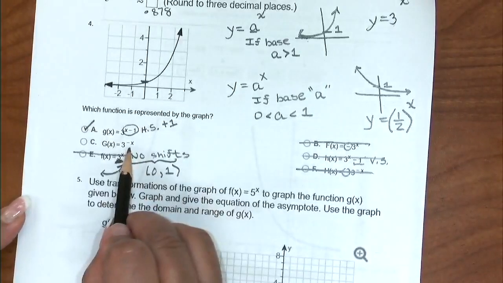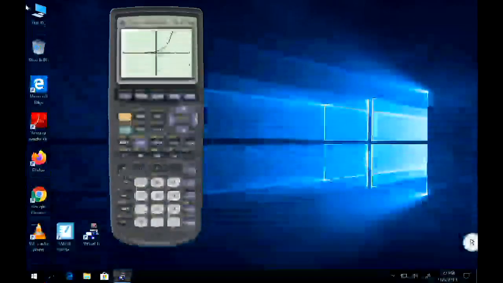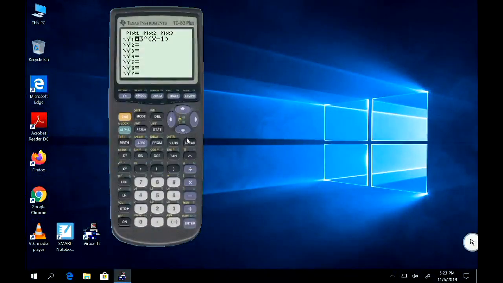Put this one in just so you can see what it looks like. That makes it twirl around the y-axis. So just so you can take a look at it, let's look at it. All right, so this is the one you think it is, and this was the other one that I just wanted you to put in there. So 3 raised up to a power of -x. There's where you get the x's.